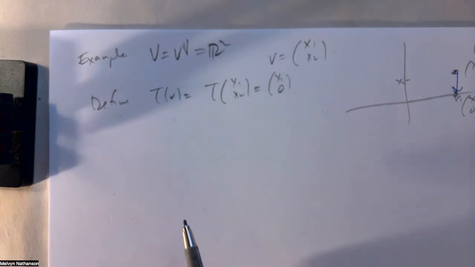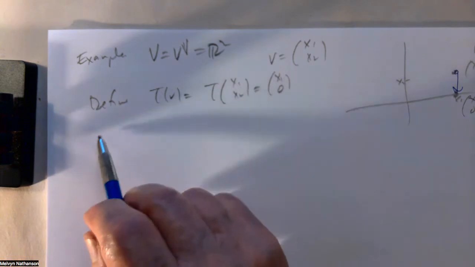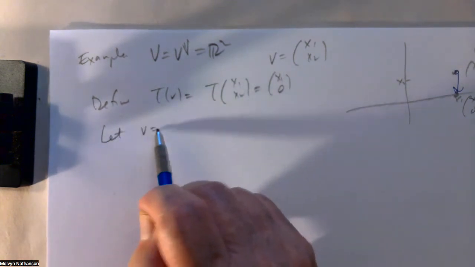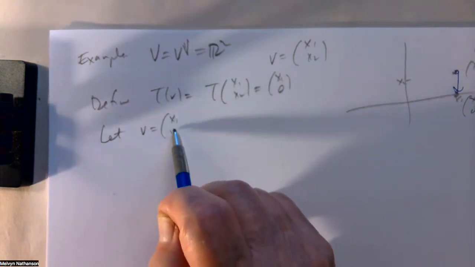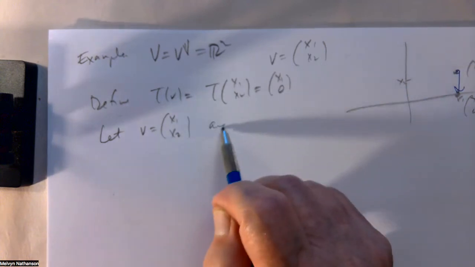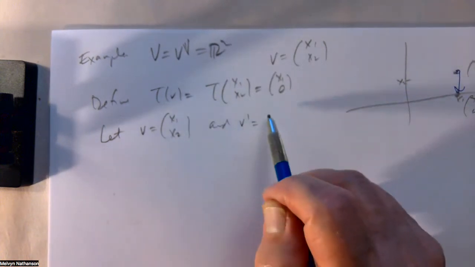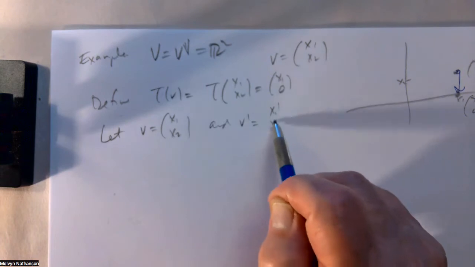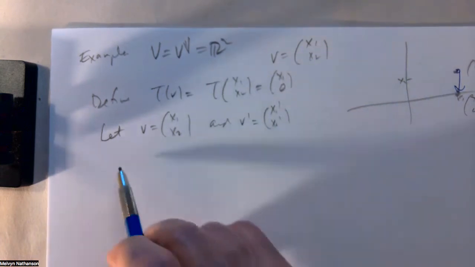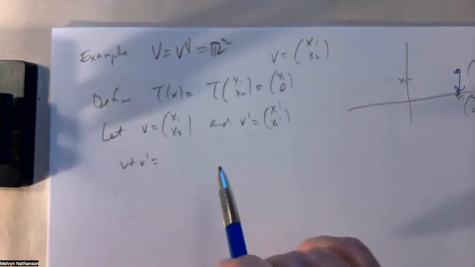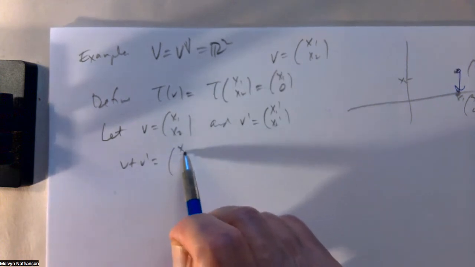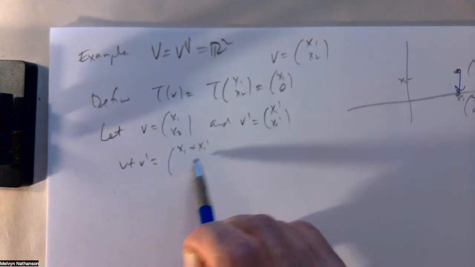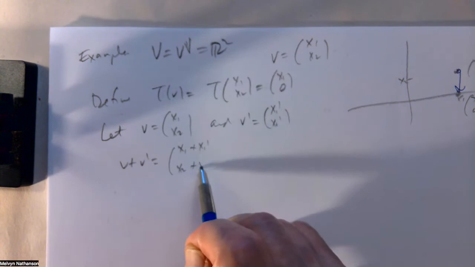And I claim this is a linear transformation. So suppose we have V is x1, x2, and V prime is x1 prime, x2 prime. So V plus V prime, if I add the two vectors, is x1 plus x1 prime, x2 plus x2 prime.